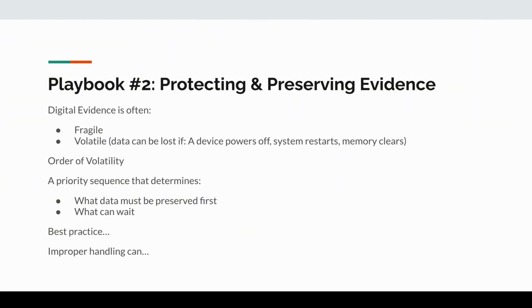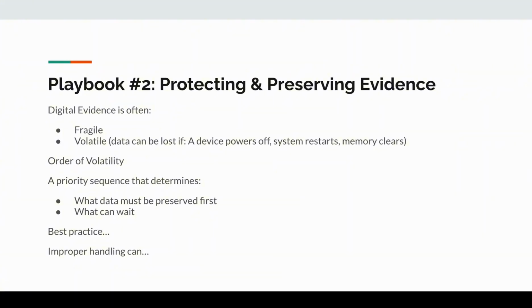We also have playbook number 2, which is protecting and preserving evidence. So for this, here is why this matters. Digital evidence is often fragile or volatile. The data can be lost if, let's say, a device powers off, a system restarts, or memory clears. So the order of volatility is a priority sequence that determines what data must be preserved first and what can wait.